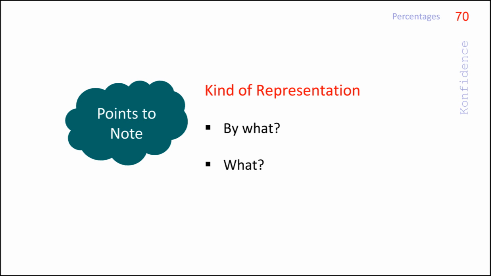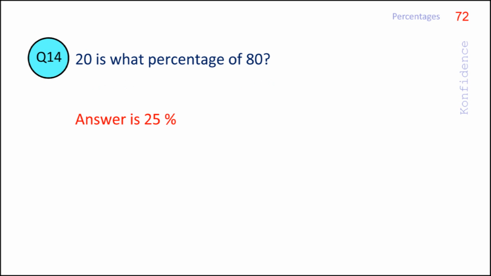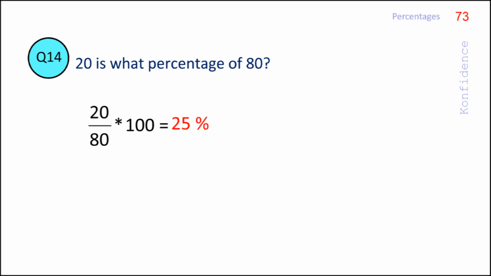Let us look at some examples as questions to apply the concepts. Try out the questions 14 and 15 given in the slide on your own. In question number 14, if you read it carefully, the question is: 20 is what percentage of 80? The answer is 25%. How do we get that?